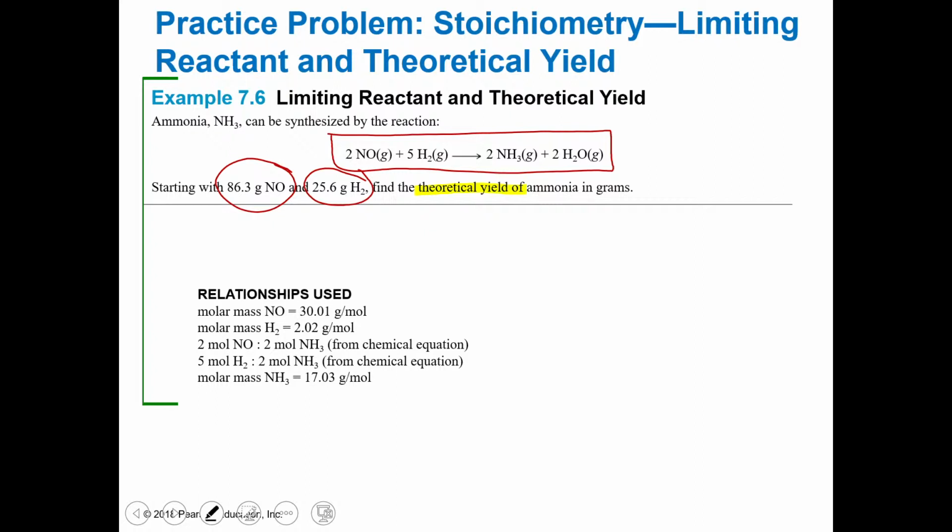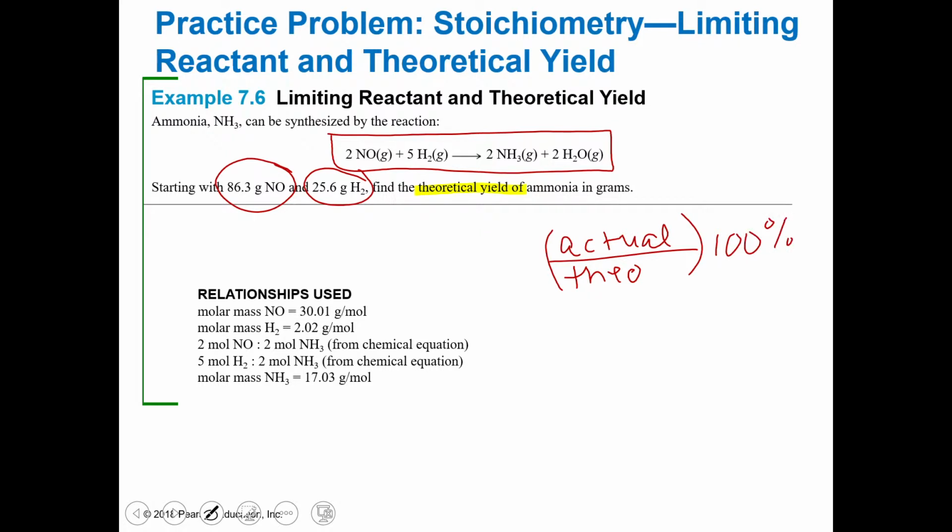Now, your theoretical versus actual is going to be your percent yield, and we're going to talk about that too. Actual means I go into the lab, I do this experiment. How much ammonia do I weigh out in the end in the lab? Actual over theoretical times 100% is our percent yield.